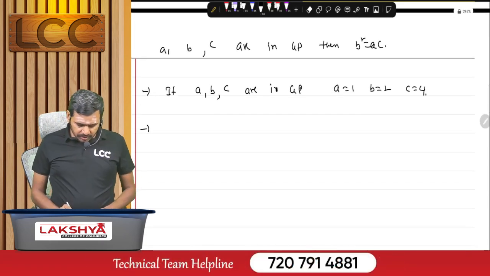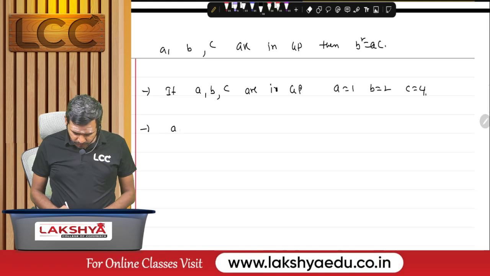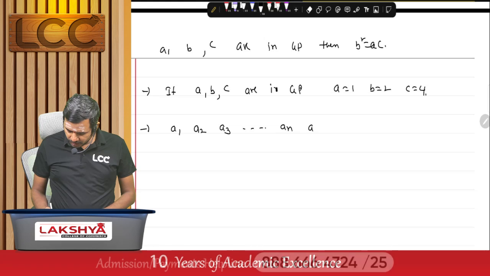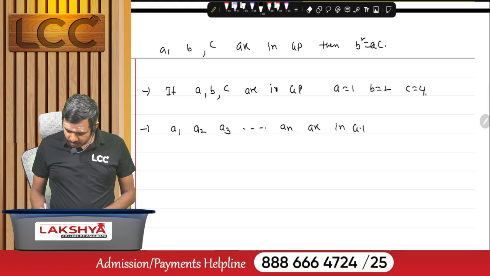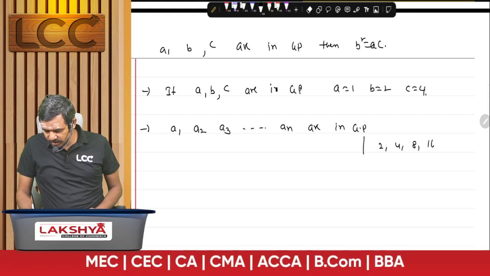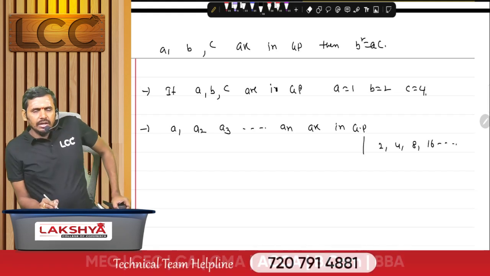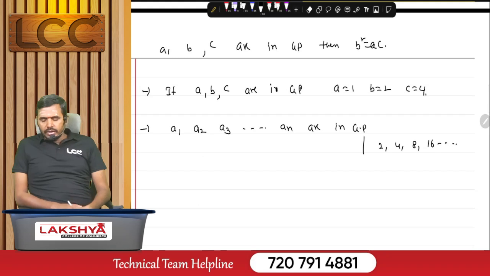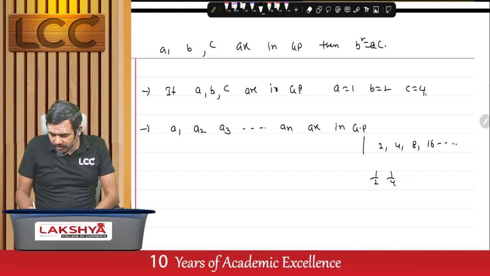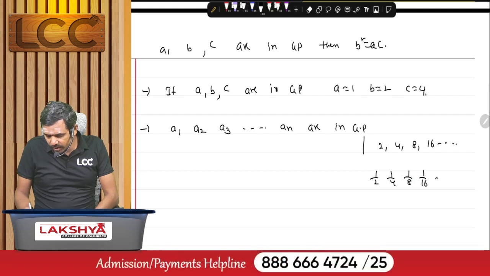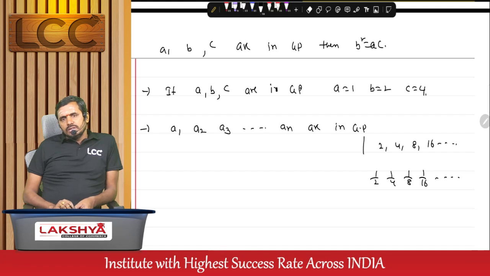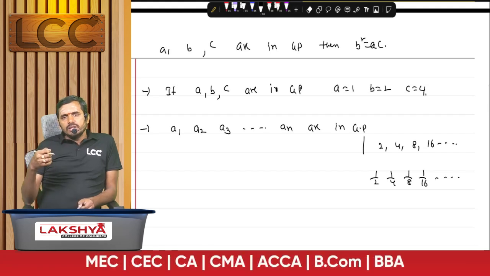The next thing is, suppose A1, A2, A3, and so on, AN are in GP. Let us take a simple example: 2, 4, 8, 16 are in GP. Then the reciprocals 1 by 2, 1 by 4, 1 by 8, 1 by 16 are also in GP.